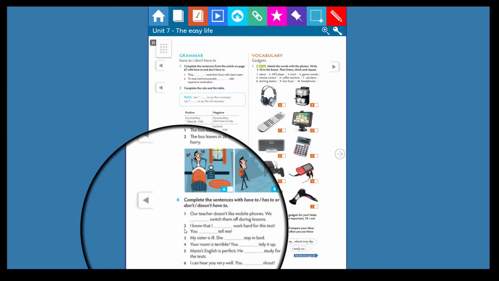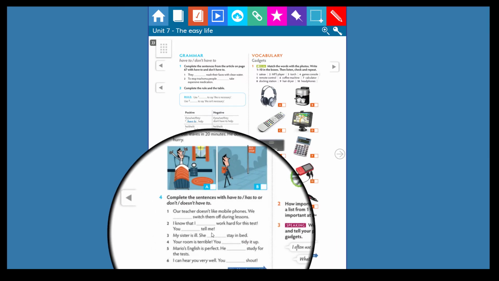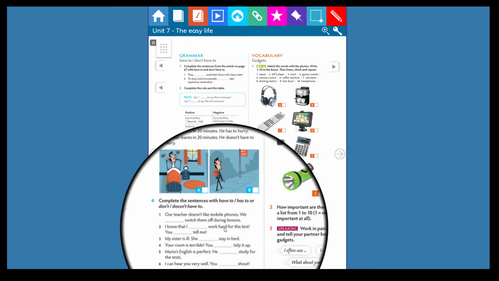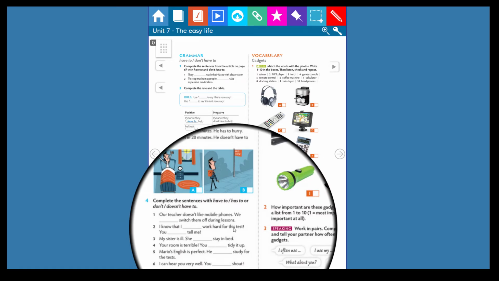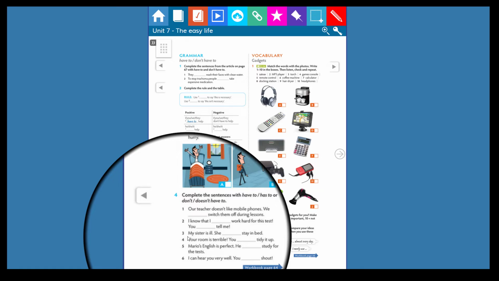Number 2. I know that I work hard for this test. You tell me. What do you think? I know that I have to work hard for this test. You don't have to tell me. Number 3. My sister is ill.